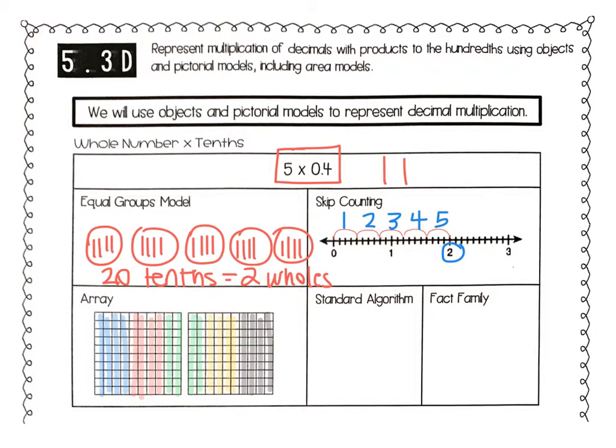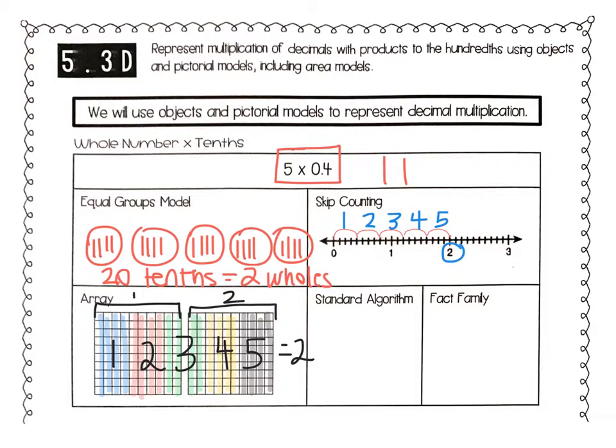So here is my one group, two groups, three groups, four groups, and 5 groups of 4 tenths. And in all, I have one whole here, and here is my 2 wholes. So when I shade in 5 groups with 4 tenths in each group, that equals 2 wholes.